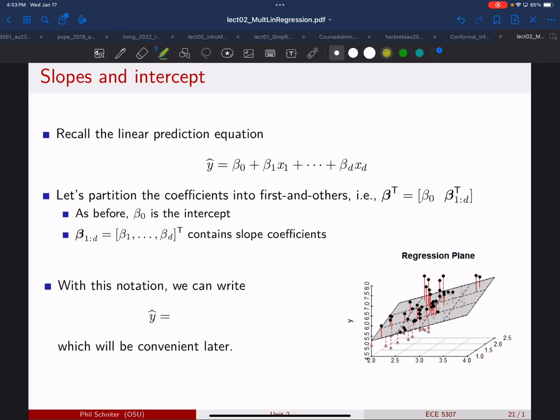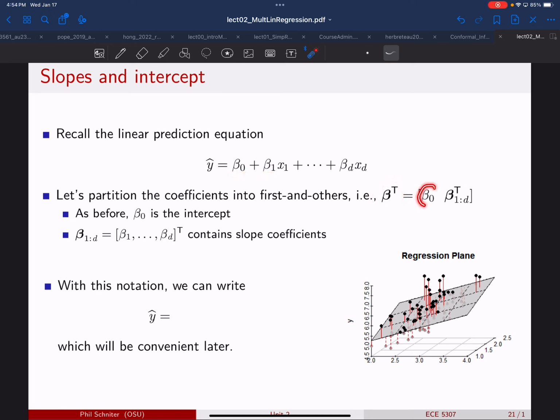To make that task easier, we're going to rewrite this just a tiny bit. Essentially, we're going to leverage the fact that beta 0 is a little bit different than all the other beta coefficients in that beta 0 is not multiplying any feature x, whereas all these other betas are. So maybe we should treat beta 0 a little bit differently in our derivation. In particular, we're going to take our vector that contains all these coefficients and split it into two parts.